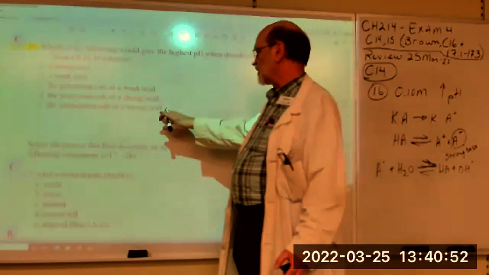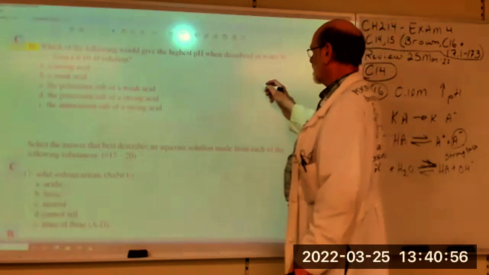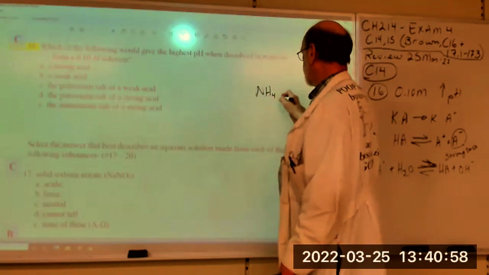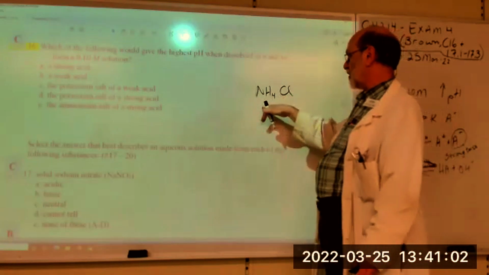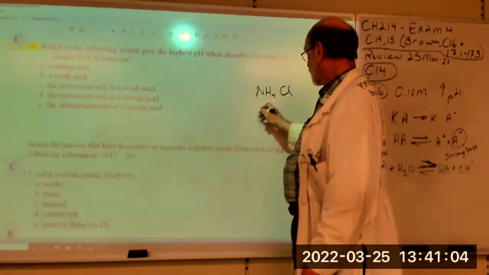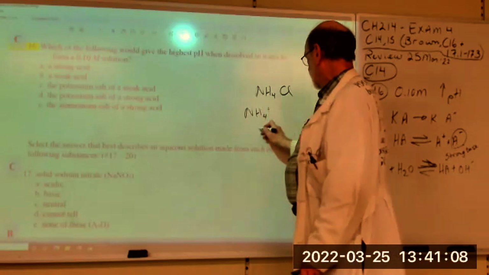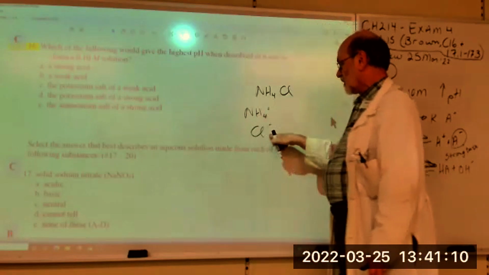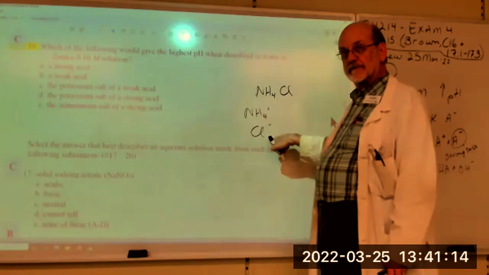The ammonium salt of a strong acid, like what? Something like that, HCl and ammonium salt. So this would dissociate like this. And this would do that. This is not going to react with anything. Chloride won't react with water.